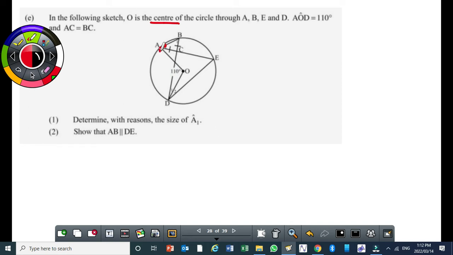So we can do a construction here of a chord AD. That chord subtends angle B at the circumference. So it means B1 is half of AOD, because they are angles subtended by the same chord at the center and at the circumference.